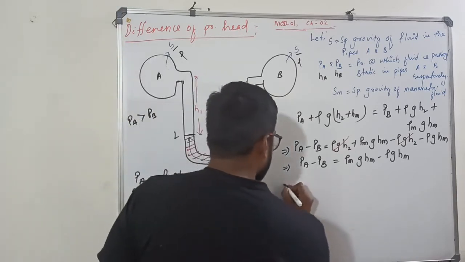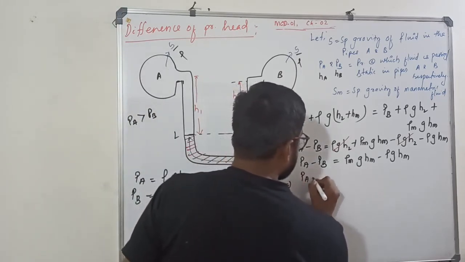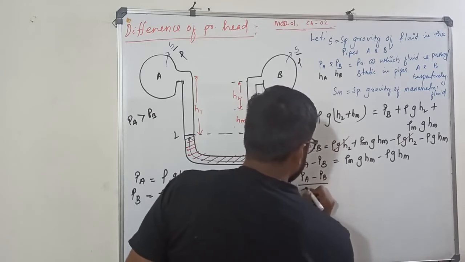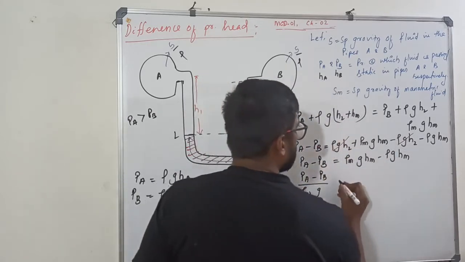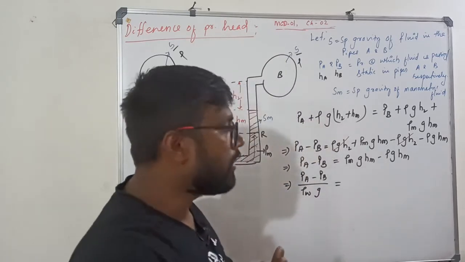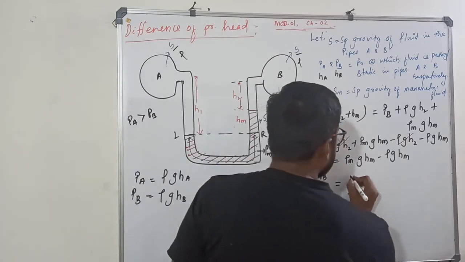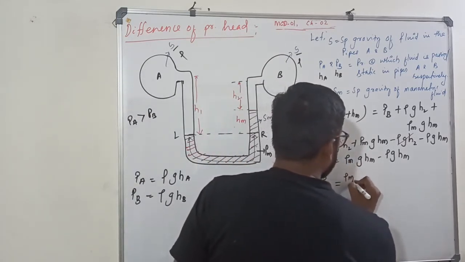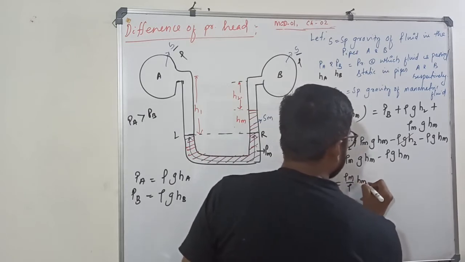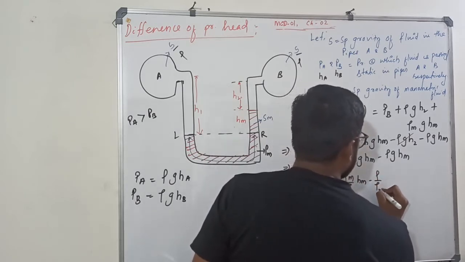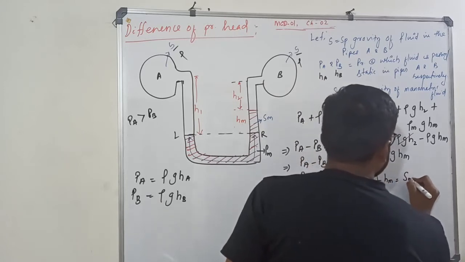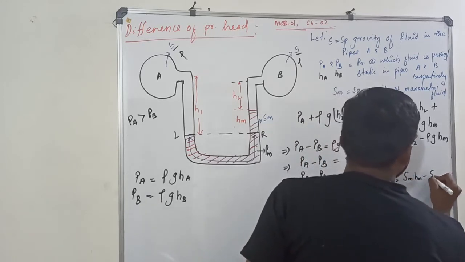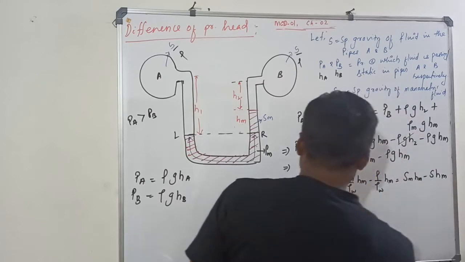As you always do, divide both sides with respect to density of water. Take gravity constant, bring to the left hand side, which will come to the denominator. So what I got here? Rho M by rho W into HM minus rho by rho W into HM. So I got SM HM minus S HM.